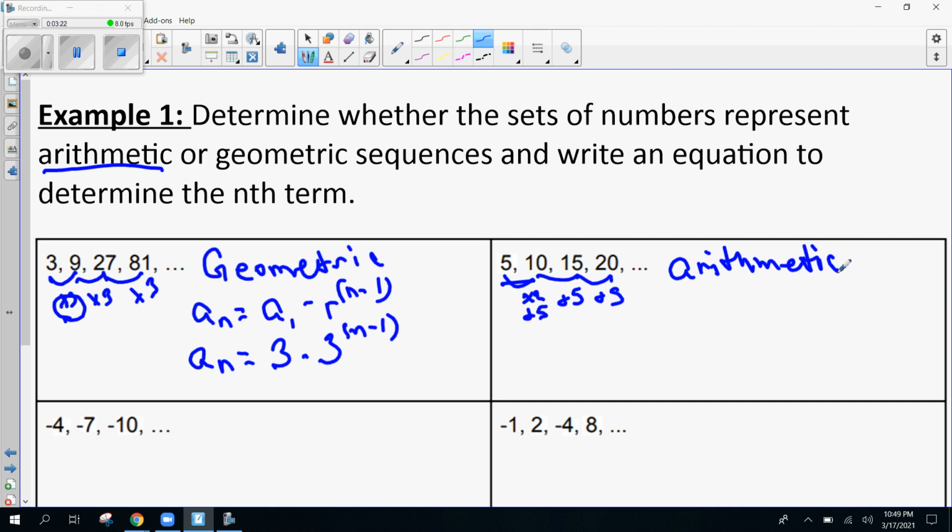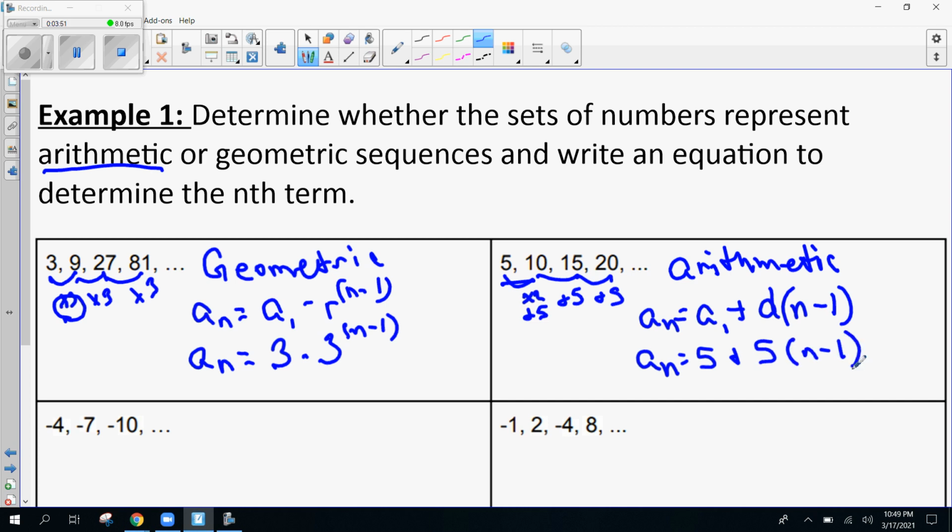The formula for an arithmetic sequence is a sub n equals a sub 1 plus d times n minus 1. So we need to replace a sub 1 with the first term, which is 5, plus d, the common difference, so the difference between these two is 5, times n minus 1.